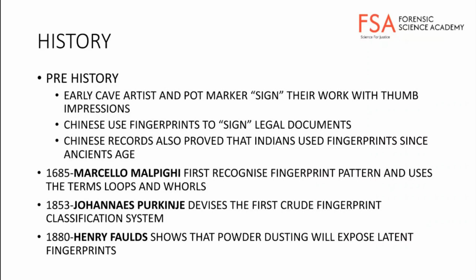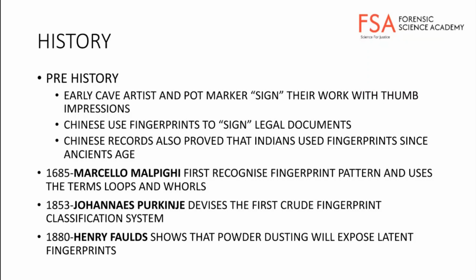During the ancient ages, early cave artists and pot makers signed their work with thumb impressions. The Chinese used fingerprints to sign legal documents, and it has been proven that Indians used fingerprints since ancient ages.